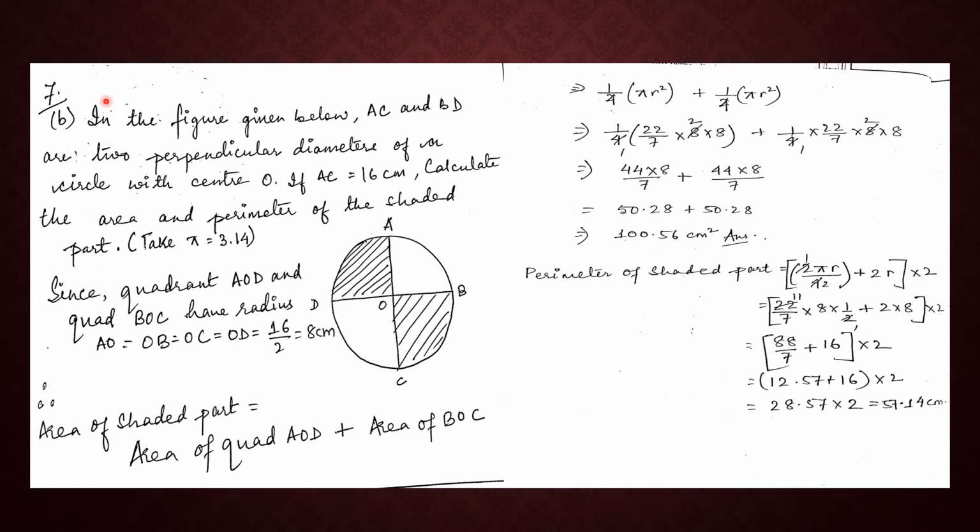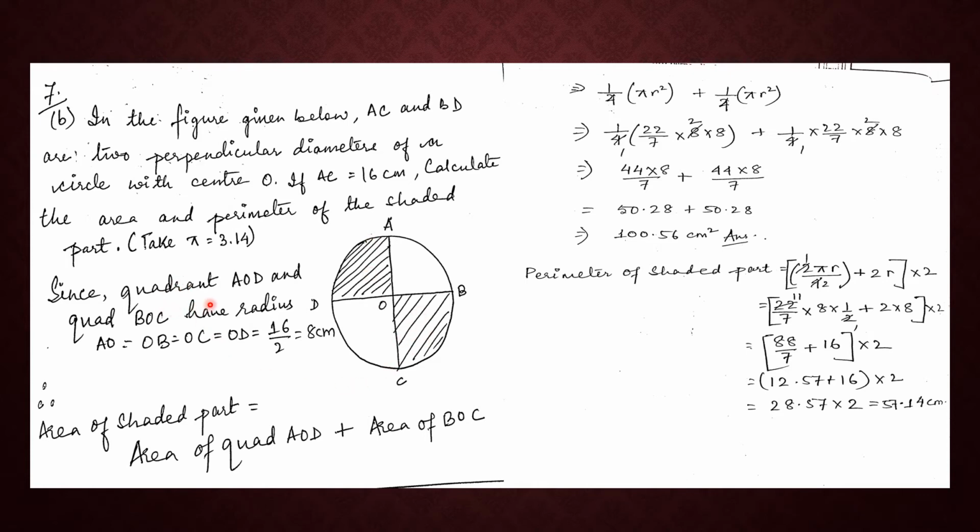Next, the question is, in the figure given below, AC and BD are two perpendicular diameters of a circle with center O, and AC is given to us, that is 16 centimeter. Calculate the area and perimeter of the shaded part. So we have to find the area of these two quadrants here.